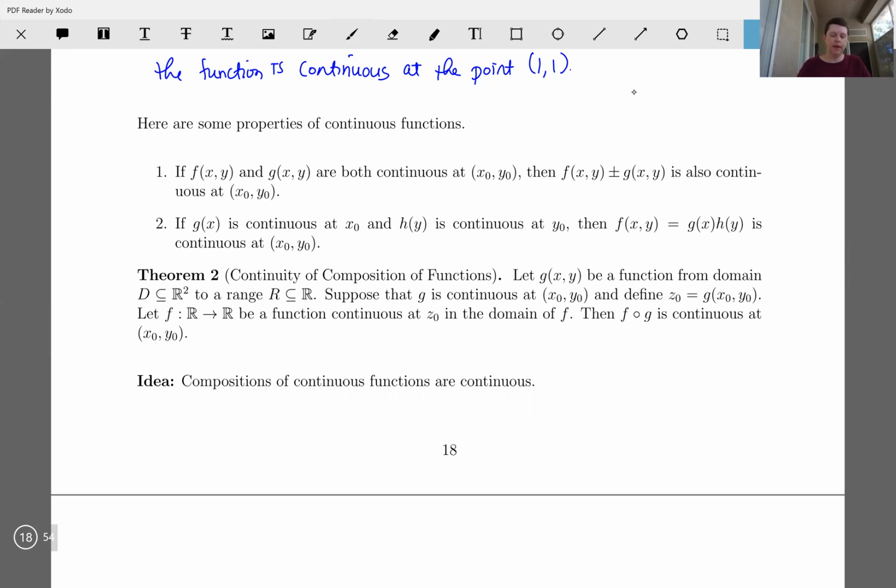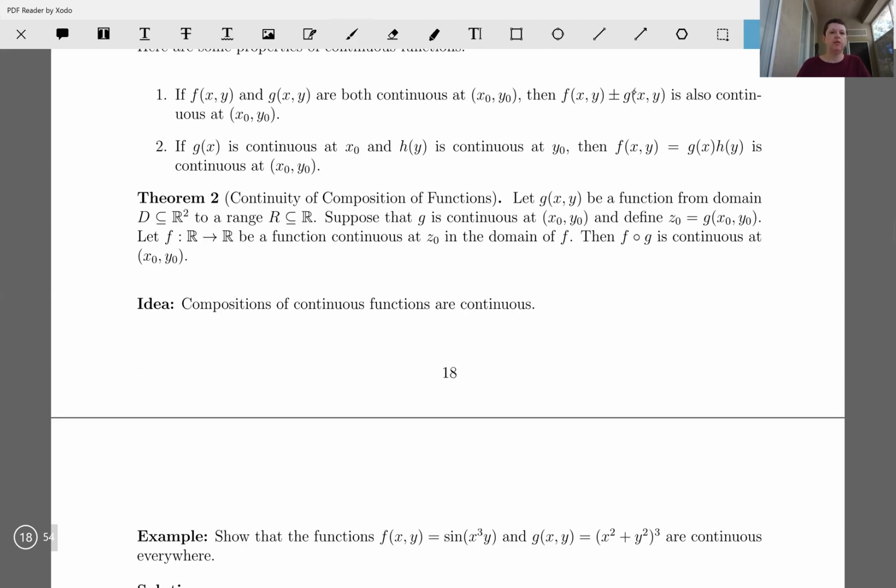Suppose f is a function from the reals to the reals, and f is continuous at that point z naught in the domain of f. Then the composition of f with g is continuous at the point (x naught, y naught). In other words, compositions of continuous functions are continuous. The theorem is the formal statement.